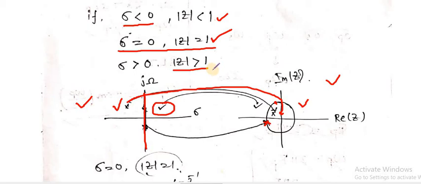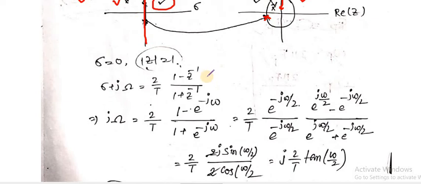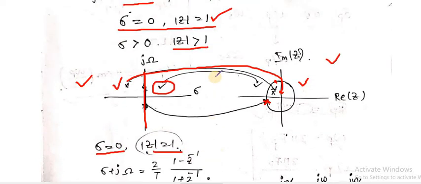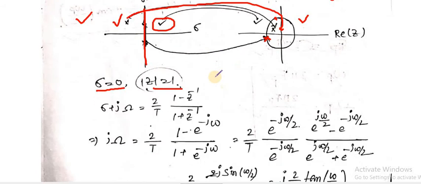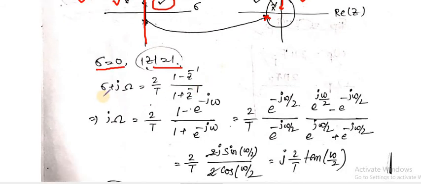Now what we'll do is set sigma equal to 0 and mod Z equal to 1. If I rearrange the above equation, S is equal to 2 by T times (1 minus Z inverse) divided by (1 plus Z inverse).